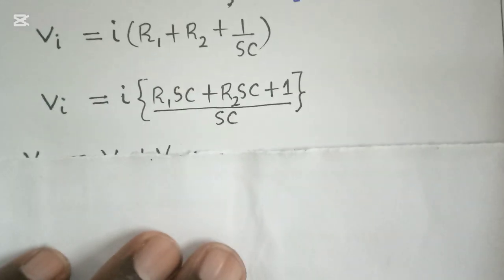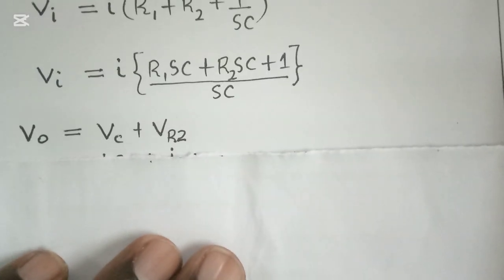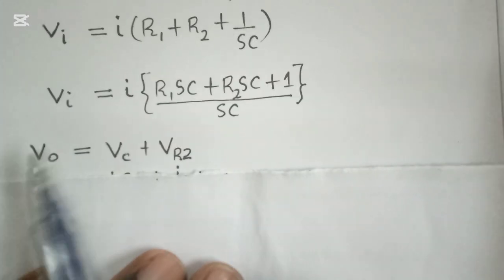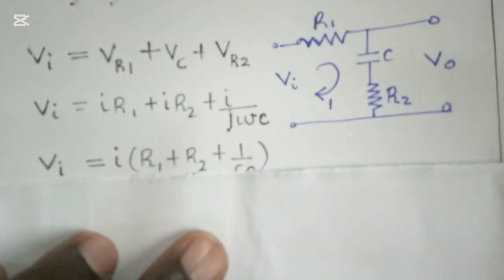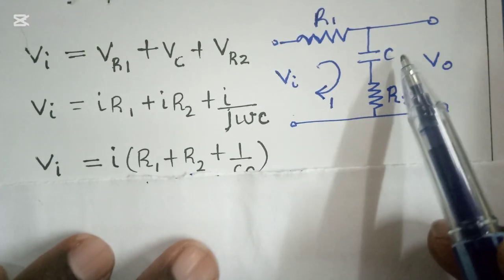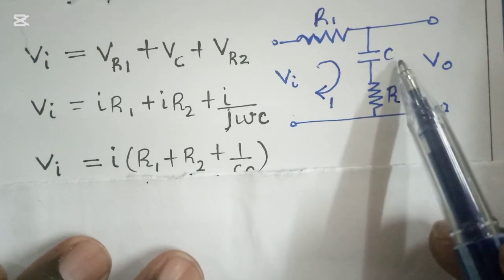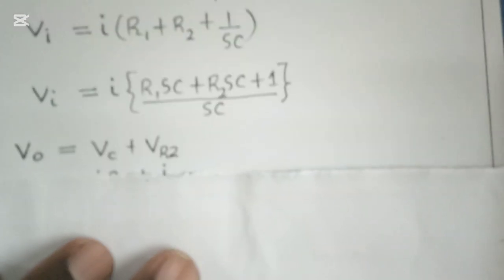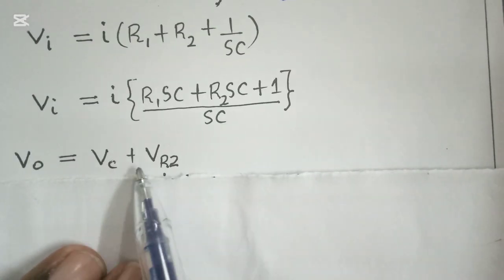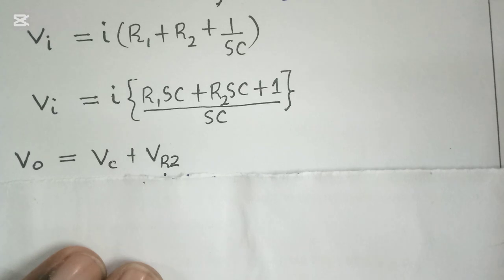From there, we now come to V0. For this part, we have V0. The voltage is across C and also across R2, and that's what I want to show here, across VC plus VR2.